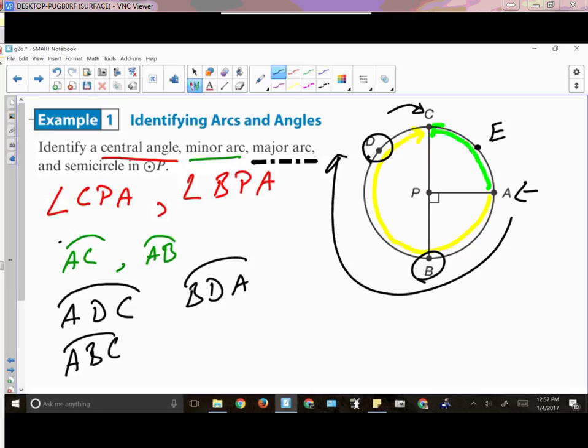So, what would happen if I want to identify a semicircle? Well, if I wanted to identify the semicircles that are in here, I have a semicircle that goes from B, D, C. Is that one semicircle?